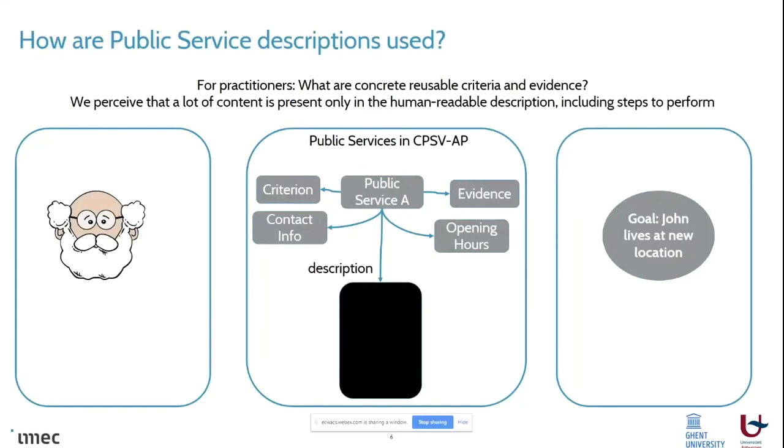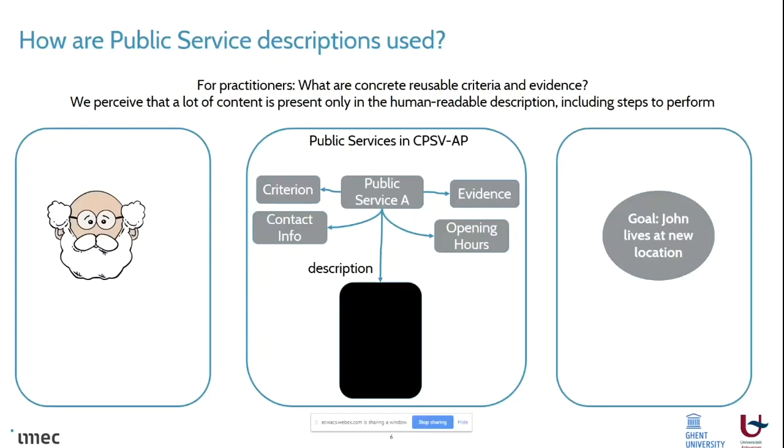Also criterion and evidence. But one main aspect is that sometimes the description of this step is aimed for human consumption. It's for humans. It is a black box for machines.